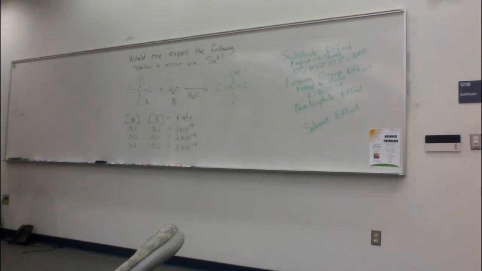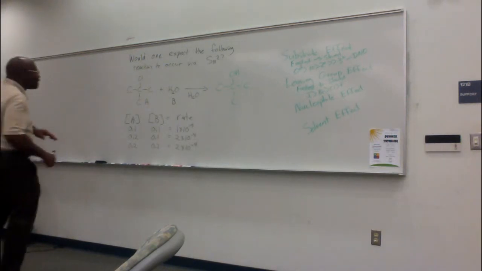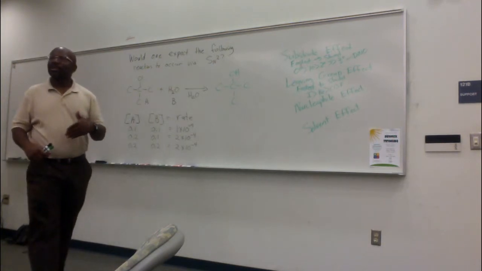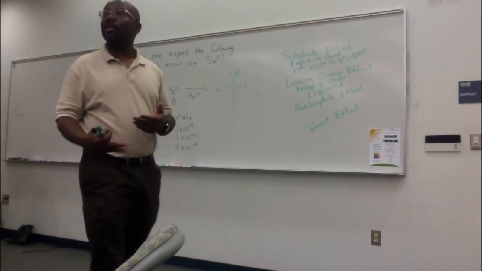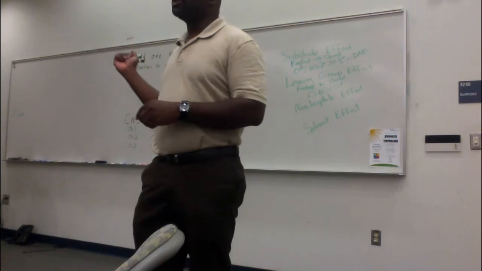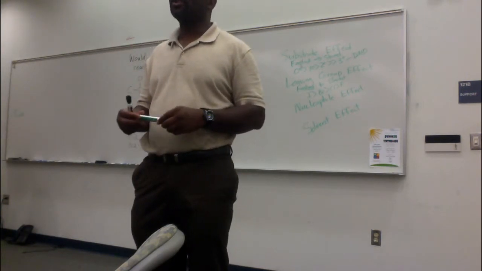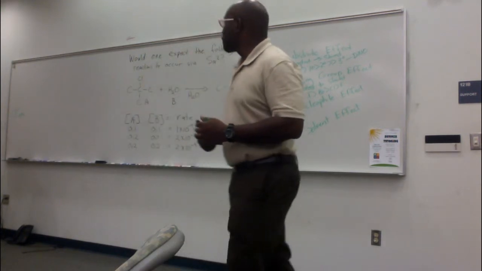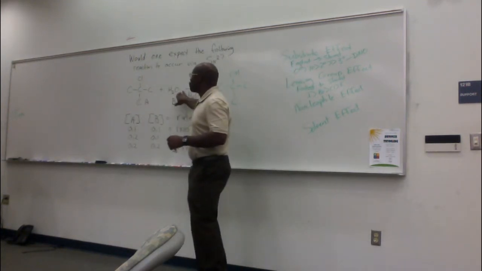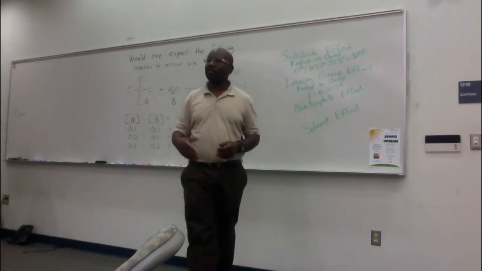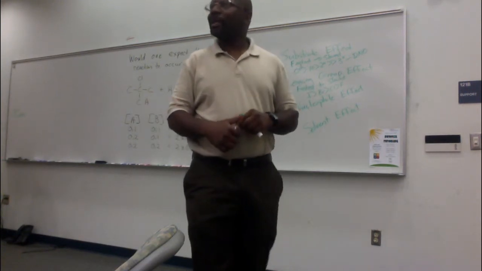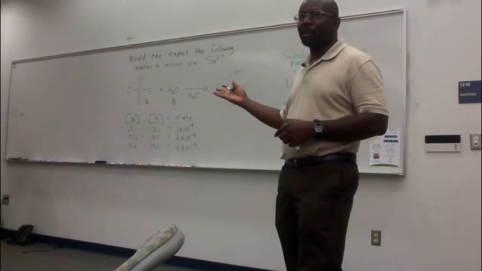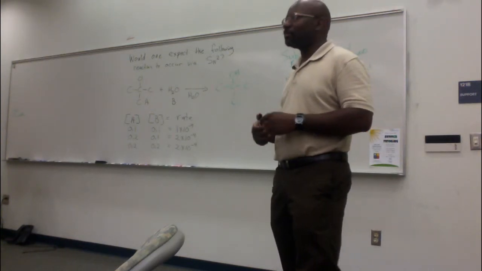You're probably looking for something else, weren't you? By staying the same, it tells you that the rate of reaction is independent of the concentration of the nucleophile. In fact, the nature of the nucleophile does not do anything to the speed of reaction. And that's the reason why even a weak nucleophile, such as water, will react very fast in this reaction. The rate of the reaction only depends upon the concentration of the substrate. In this case, it's the alkyl halide.